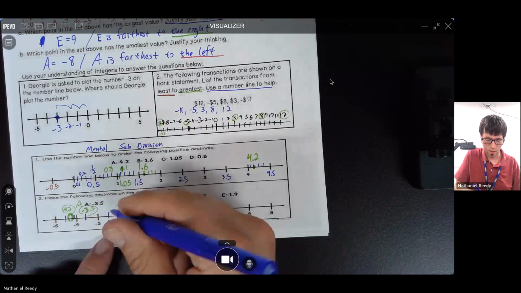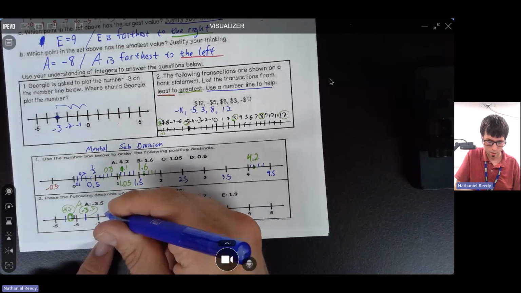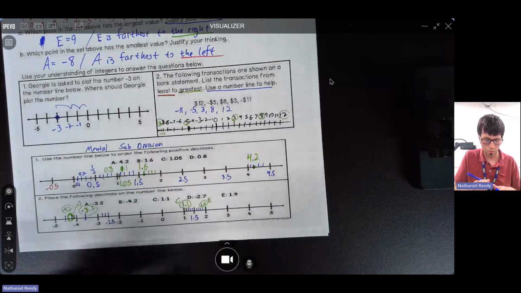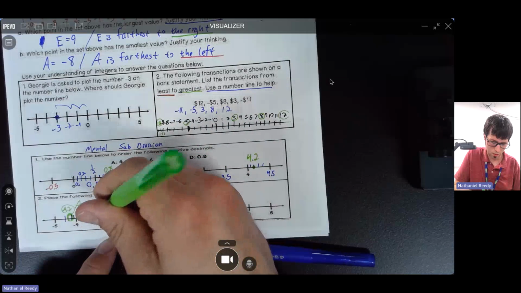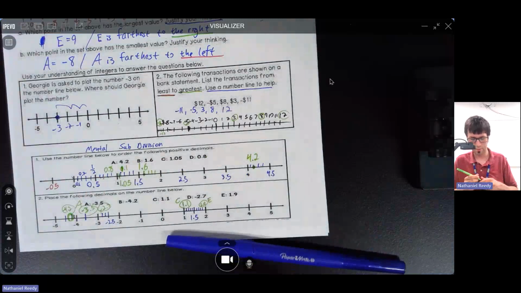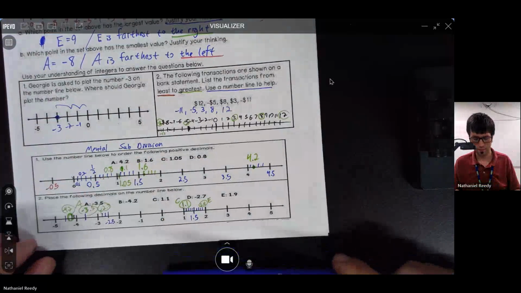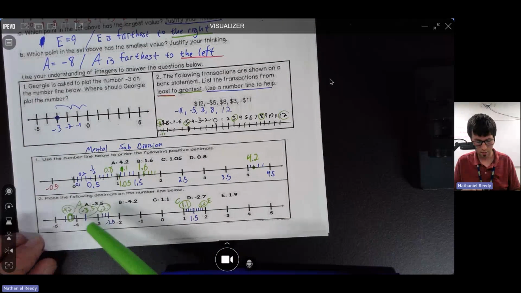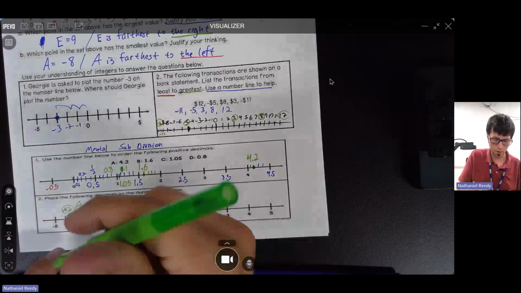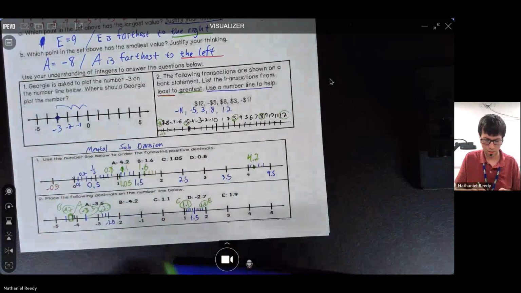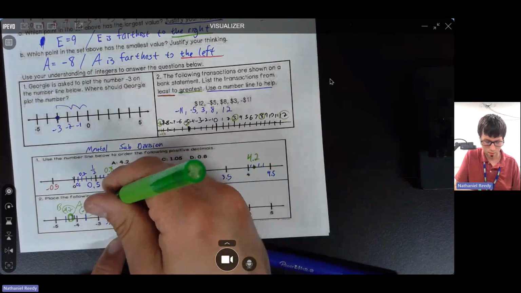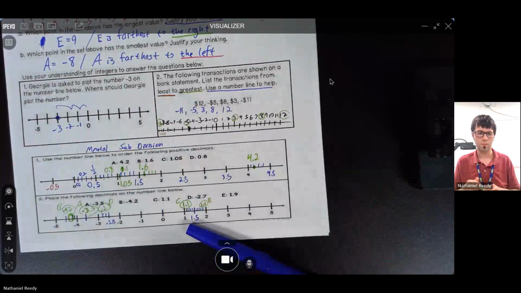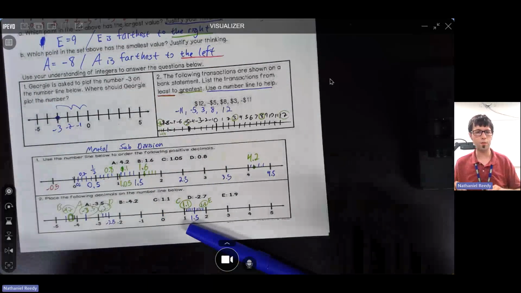And then if I keep going to the left, that's -2.6, -2.7. There we go. So let's see, A, B should be over here. C and D, that's D, and E. So now finally the first page is done.